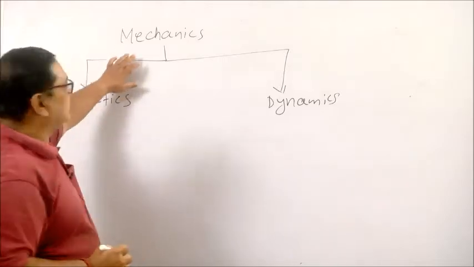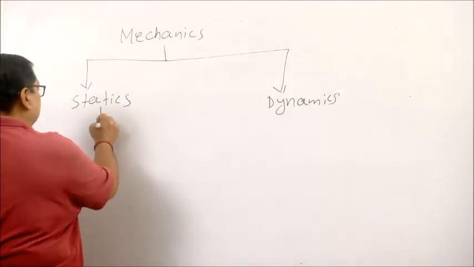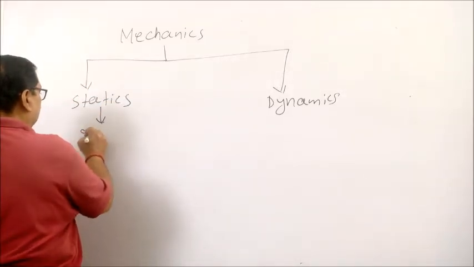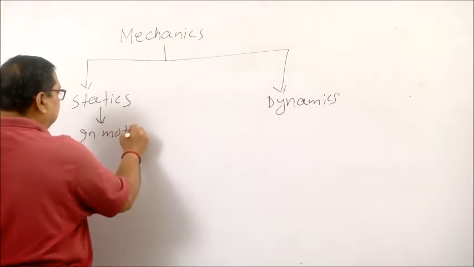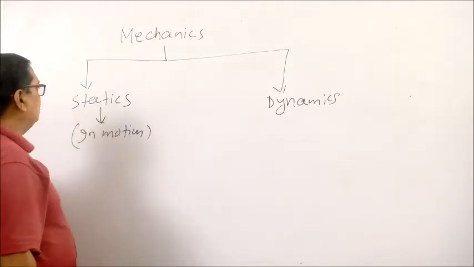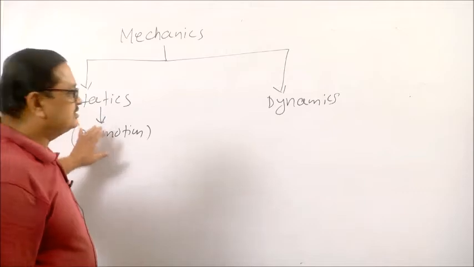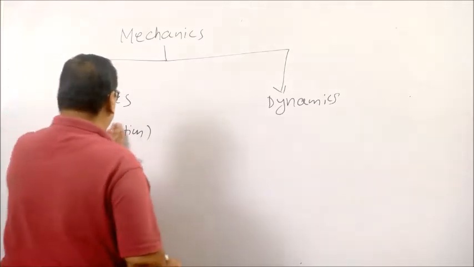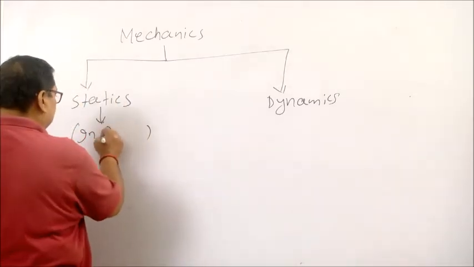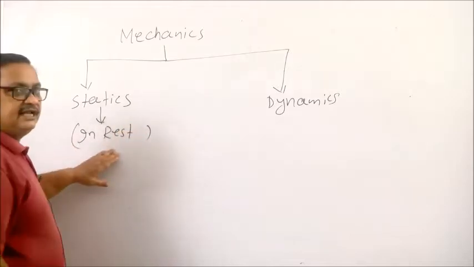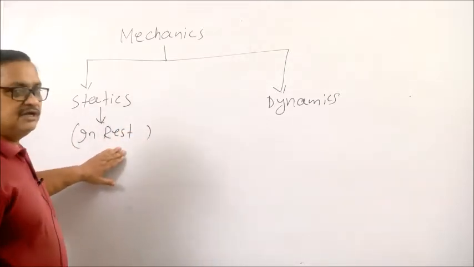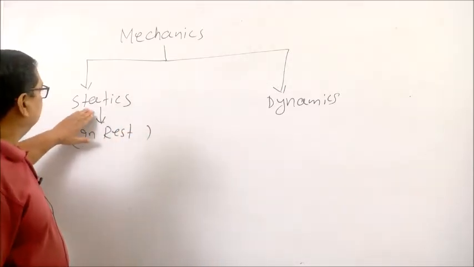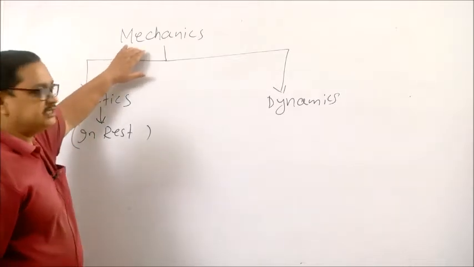Statics, branch of mechanics which deals with study of a body in motion. If a body is in motion and we will study about it, then that is statics. Sorry, in rest. If a body is at rest and we will study about it, then that is known as statics, which is branch of mechanics.